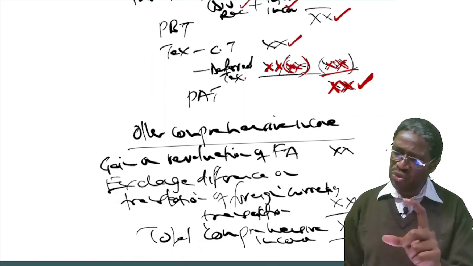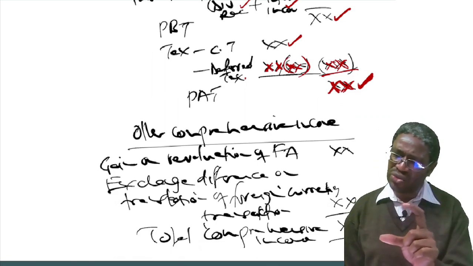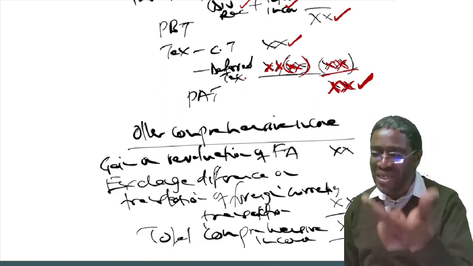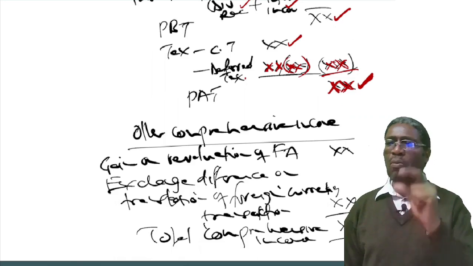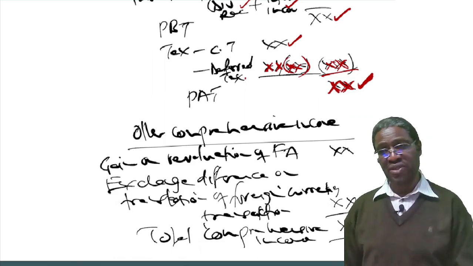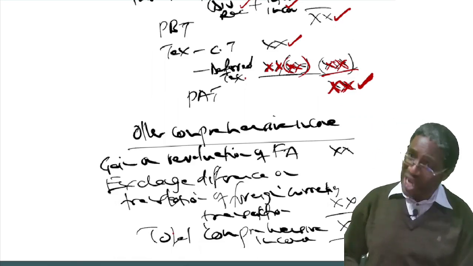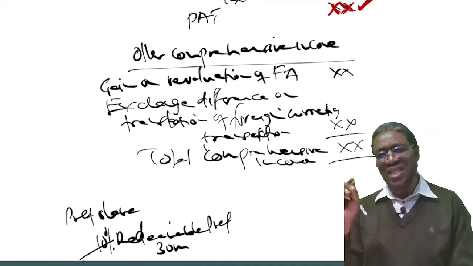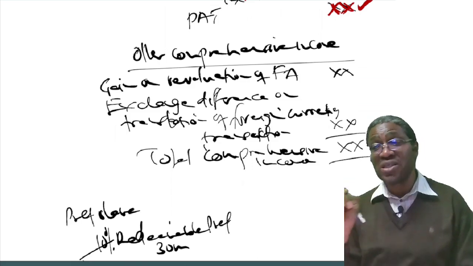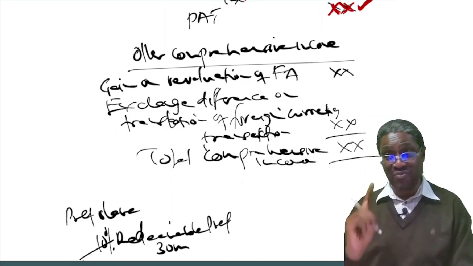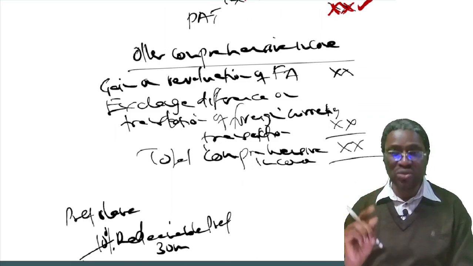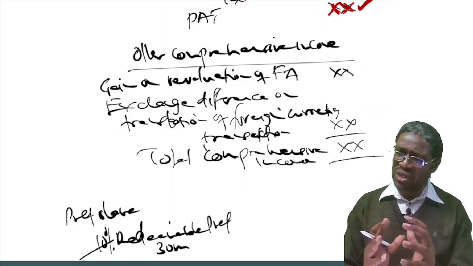But then I told you, if the question tells you to prepare a statement of profit or loss and other comprehensive income, then it is at that point that you now come and disclose what the other comprehensive incomes are that your company could have made. I told you, these are incomes, other comprehensive incomes.